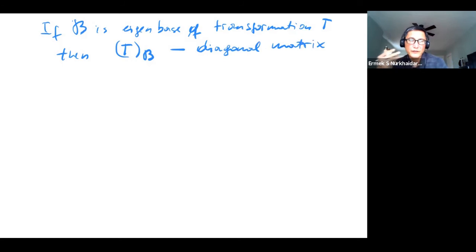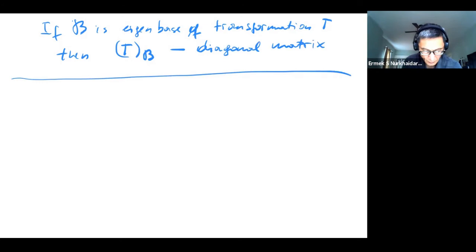And it's easy to work with diagonal matrices. That's the reason we want to have eigenbases if possible. So now let me try to illustrate with an example. Maybe it will be easier to show you what I'm trying to tell you in one example.